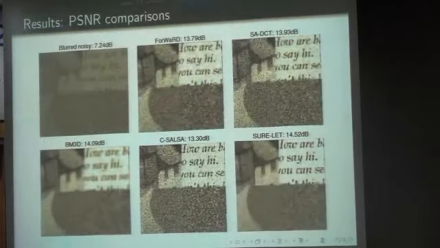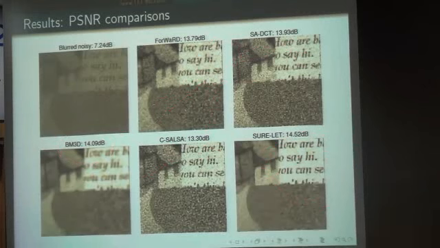Just to show you the results, I'm not sure if anything can be seen here, but this is our result, and this is what is usually one of the best results, BM3D. As you can see, it's a bit blurred here.